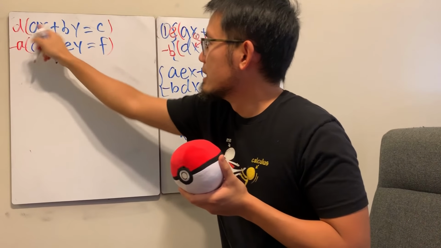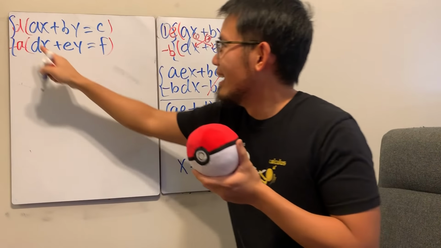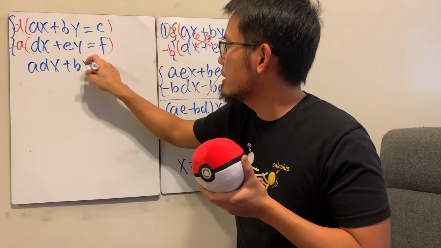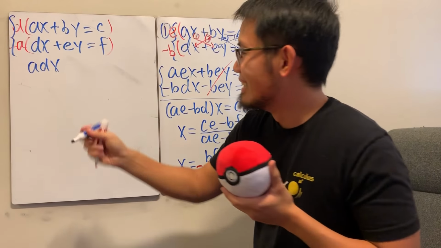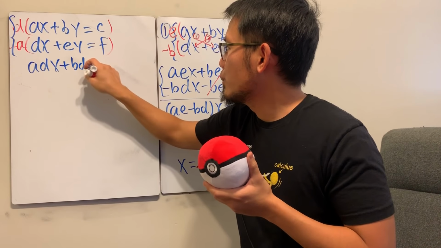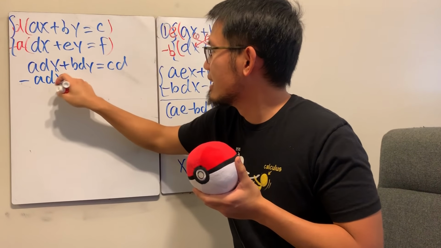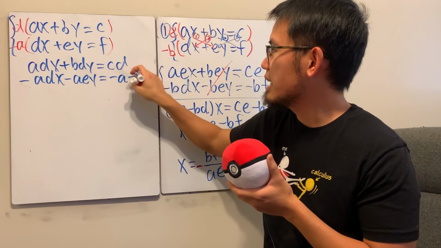And you will see that this right here becomes, well, I like to draw my brace. Anyway, we get adx plus bdy, and that's equal to cd, and then the other one is negative adx, and then minus aey, and that's equal to negative af.